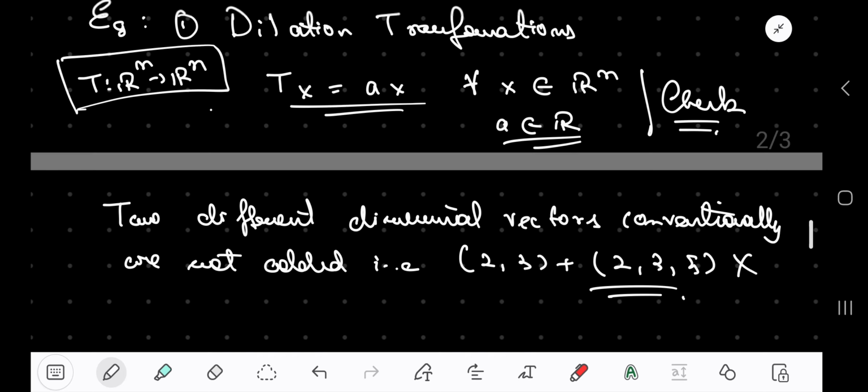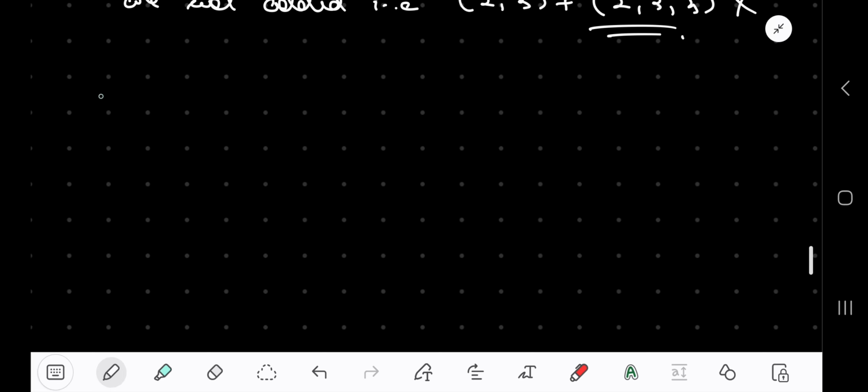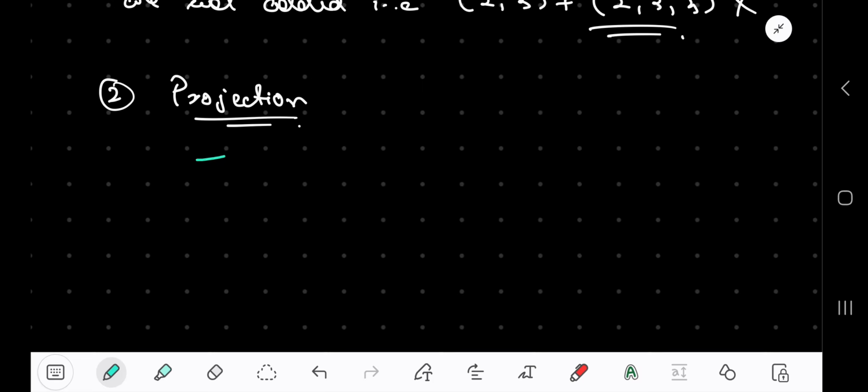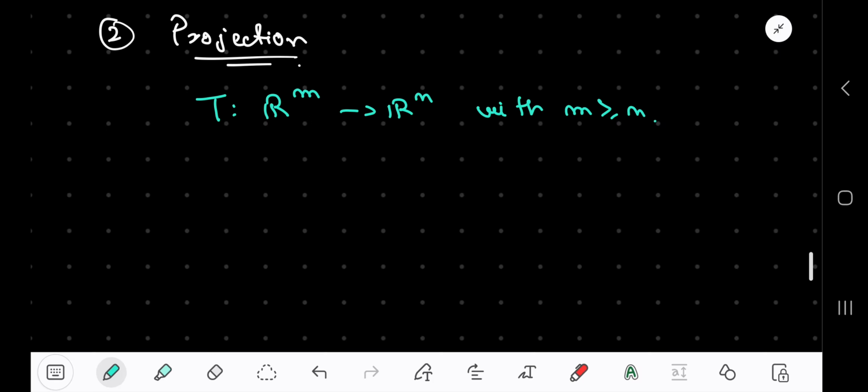This is a very important example, and the other example which is also quite important is the notion of projection. What is the notion of projection? It's also a very simple case. We take a linear transformation from a higher dimensional space to a lower dimensional space. Or rather, let me take specific numbers, then it will be better to understand.